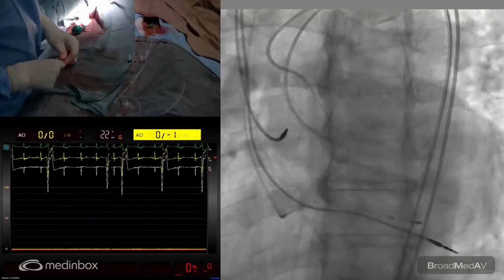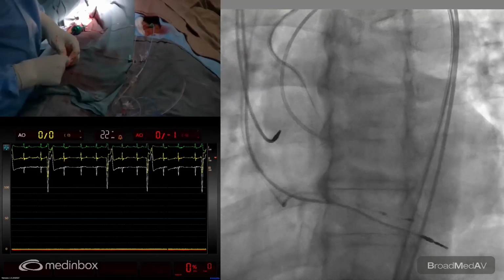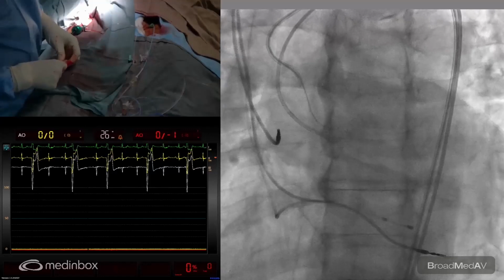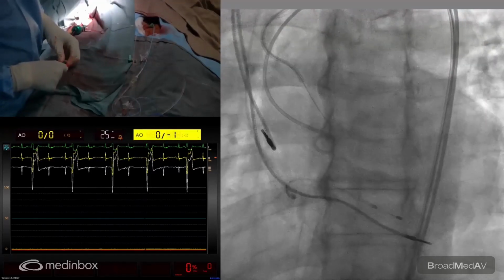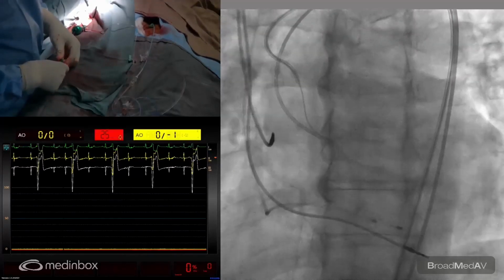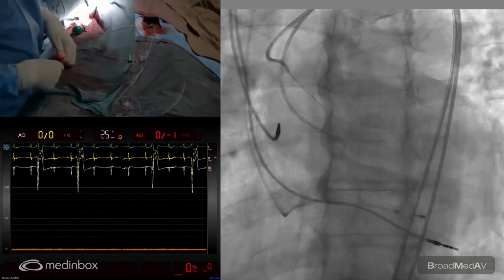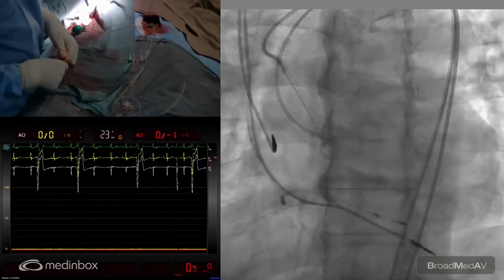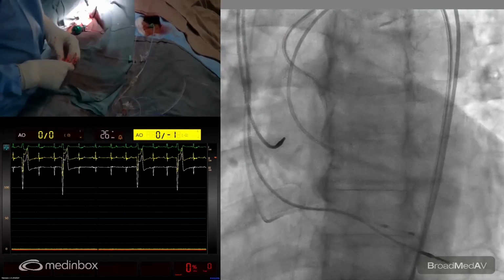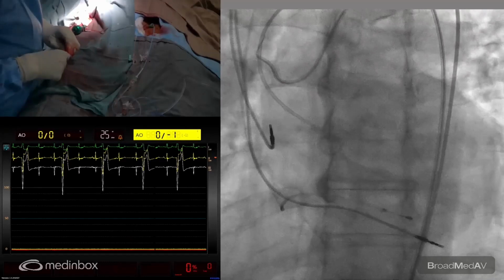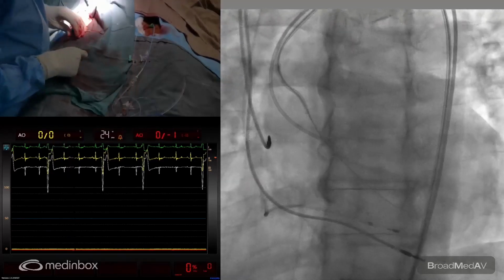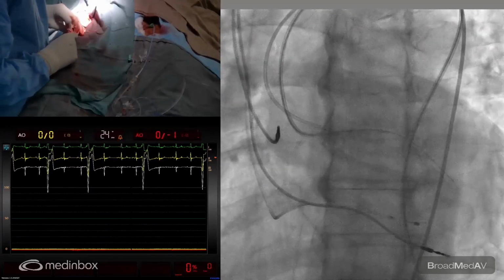Who's that? 6,000 only, 6,000 only. Yes, slowly, slowly, slowly.